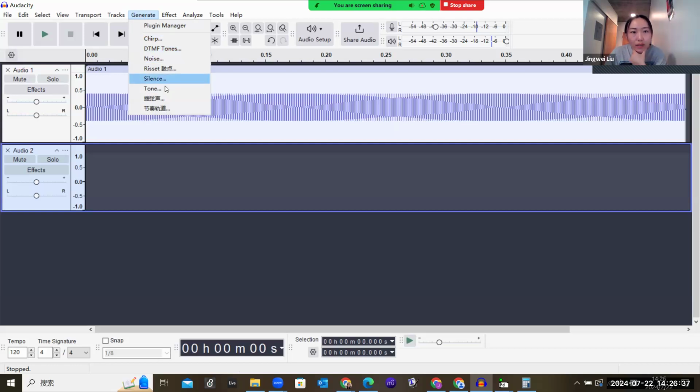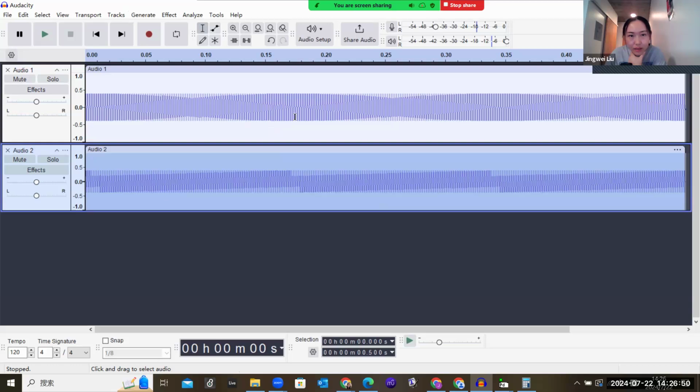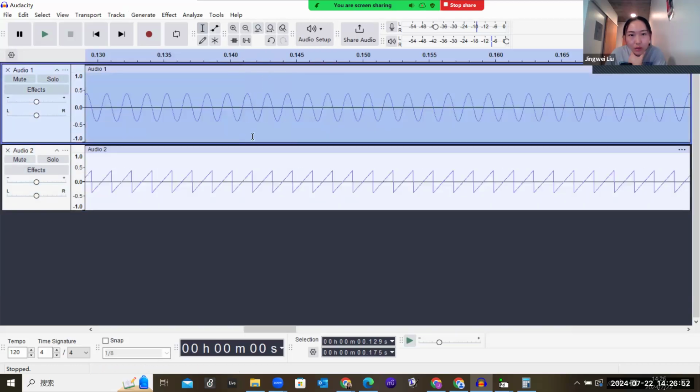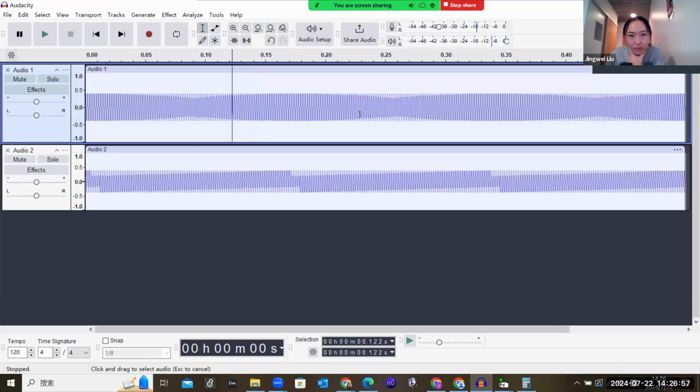This is very easy, right? Just one click, just choose the different format. For example, we choose the sawtooth, and we use the same frequency, same amplitude, same duration. Let's generate. Okay, if we zoom in, you can see the difference of the waveform.